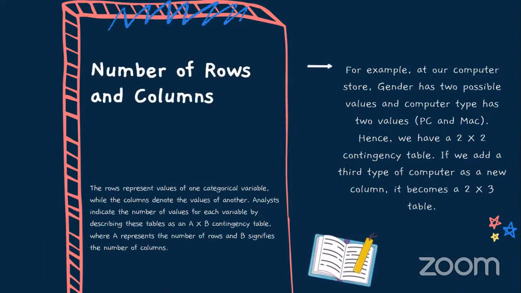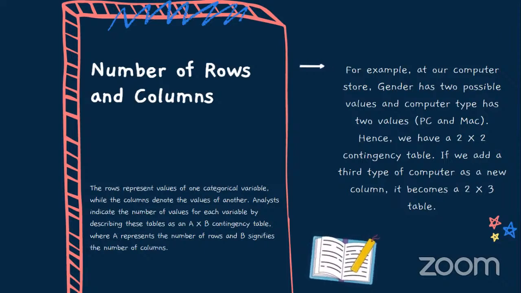Numbers of rows and columns. The rows represent values of one categorical variable, while the columns denote the values of another. Analysts indicate the number of values for each variable by describing the table as an A by B contingency table, where A represents the number of rows and B signifies the number of columns.